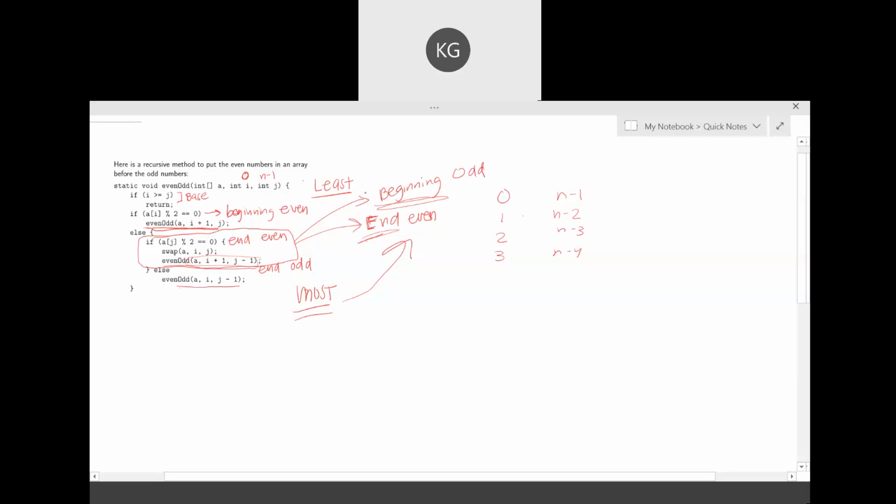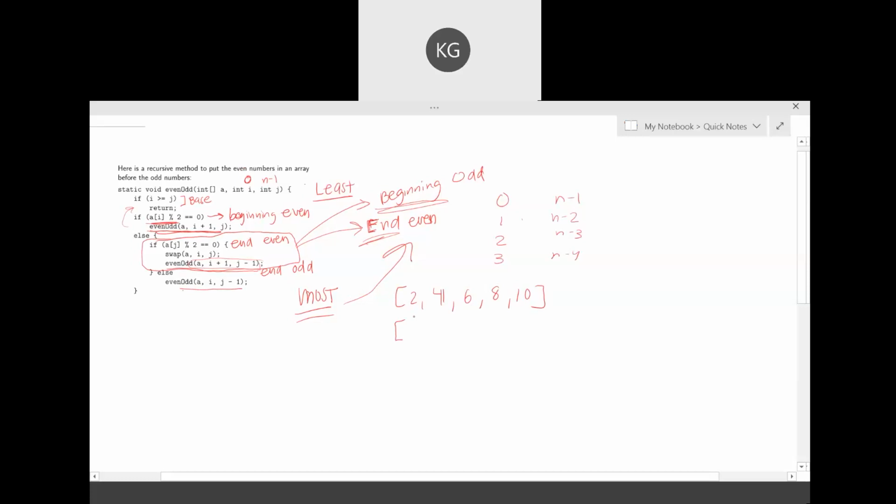So for example, if the whole entire array is even, we just have 2, 4, 6, 8, 10. What's going to happen is it's only going to reach this statement every time until it gets to the base case. Or if we had the beginning, I forgot. Hold on.